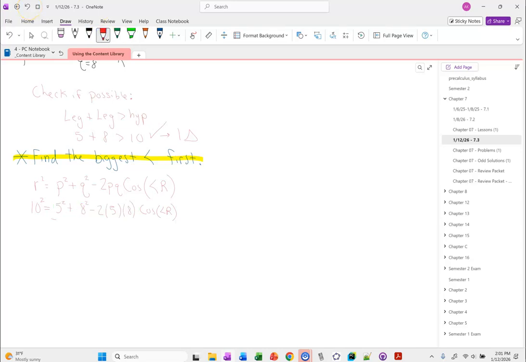So they have to be taken apart separately. Now, 10 squared minus 5 squared minus 8 squared is just going to be a number. I don't care what that number is right now.